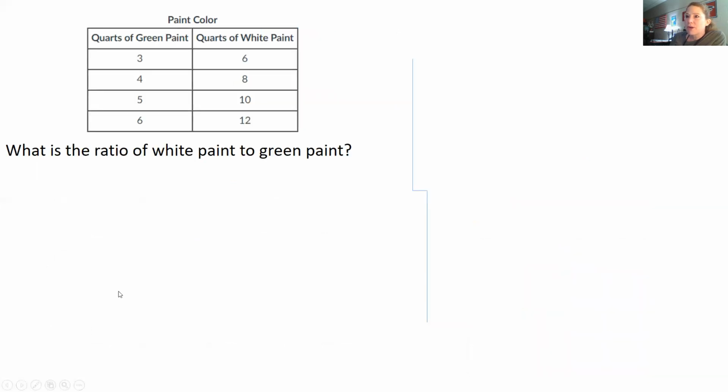All right, look at this one. The question is, what is the ratio of white paint to green paint? So you have to go in those orders. I could use these numbers, white paint to green paint, white paint to green paint, and so on. Well, guess what happens if I simplify all of these?